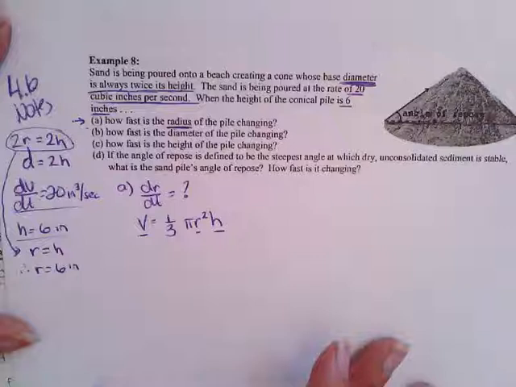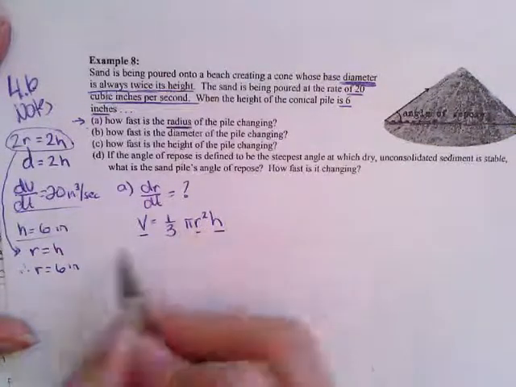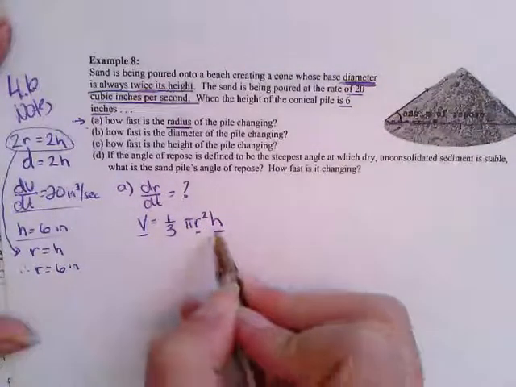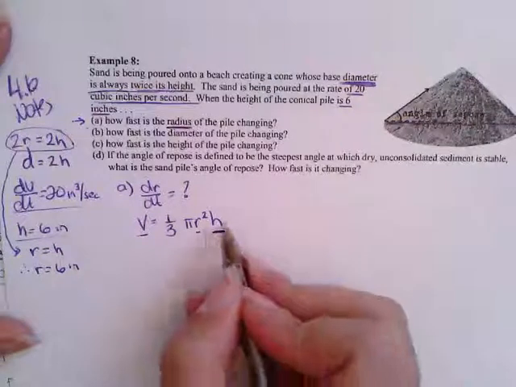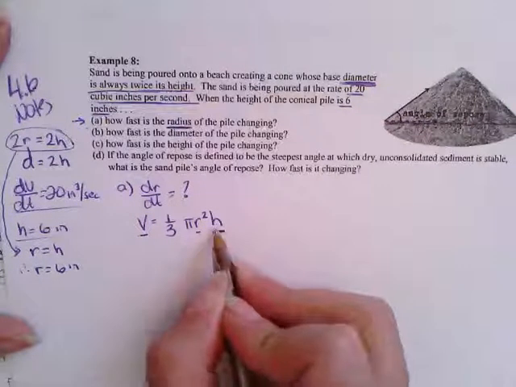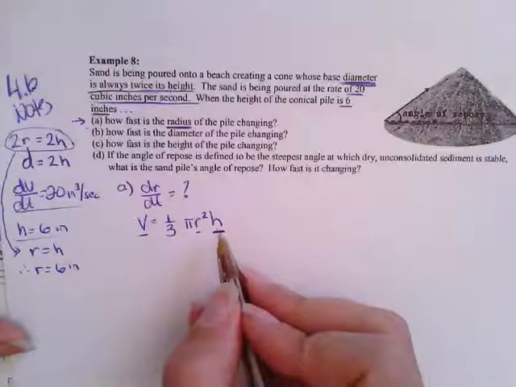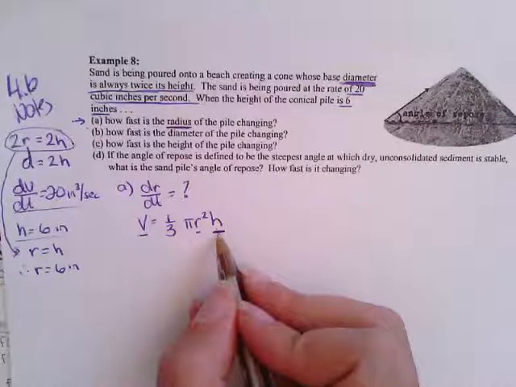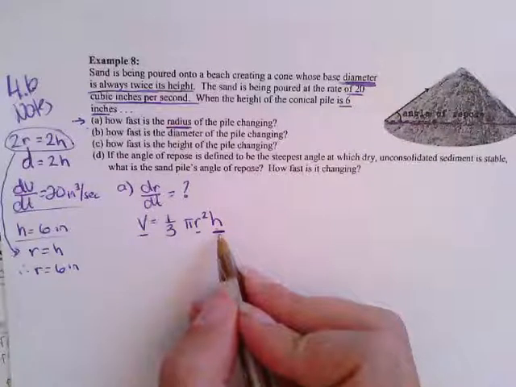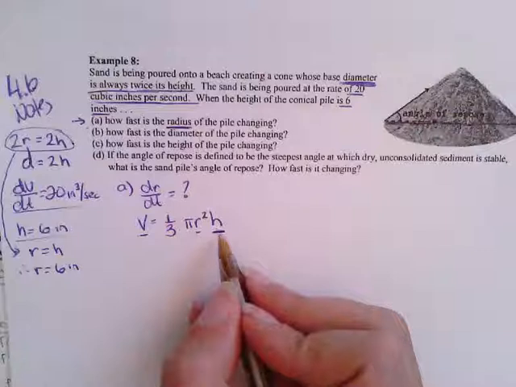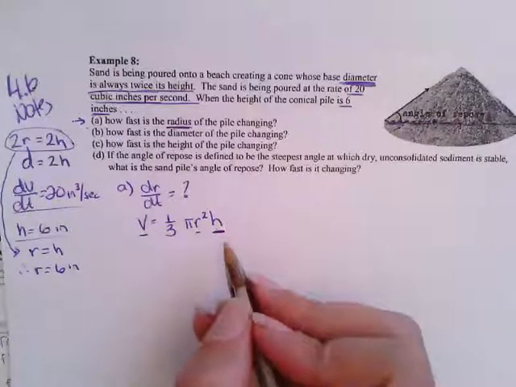And now that we know that r equals h, if I wanted to, I could get rid of this right now and just call that r, just so that I only am dealing with one variable. I could also leave it and just end up plugging in whatever h is. The only problem is I don't know dh/dt. So you'll see that come up at some point.